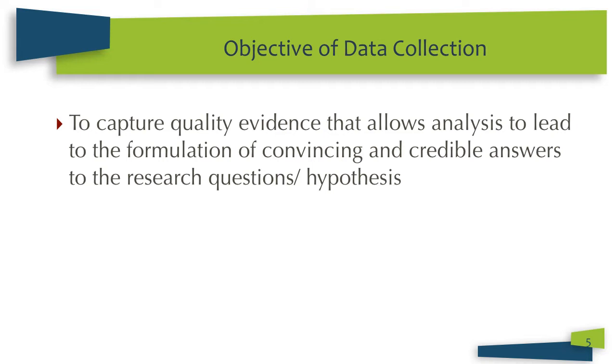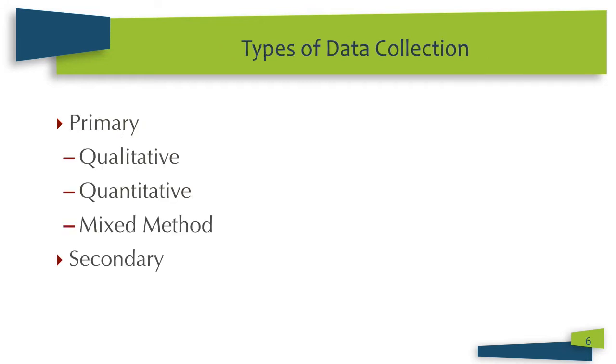Well, when collecting data, you have to collect two types of data. One is primary data, and the other is secondary data. We talked about it in our third module, but we'll quickly revise it. The primary data is the data that the researcher, you, collect yourself.